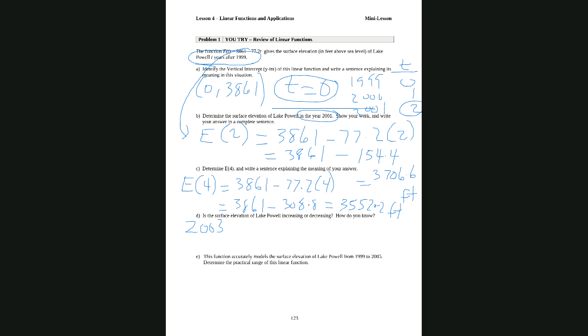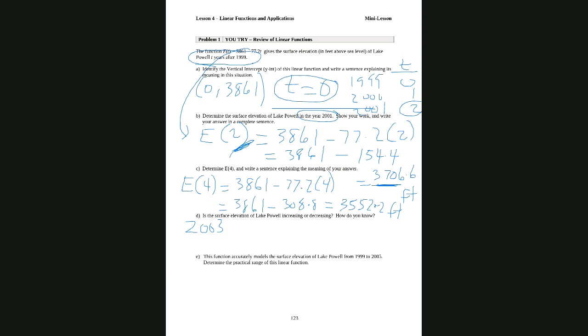Now, what about D? D says, is the surface elevation of Lake Powell increasing or decreasing? So look at it. When t was 2, in 2 years, we had 3706.